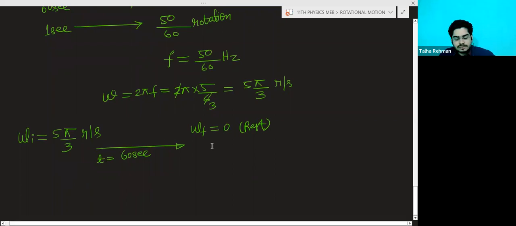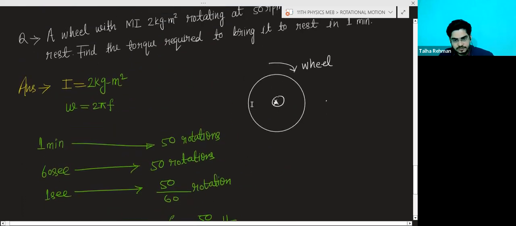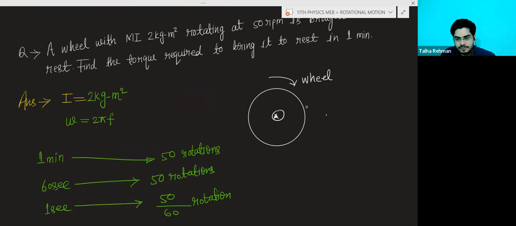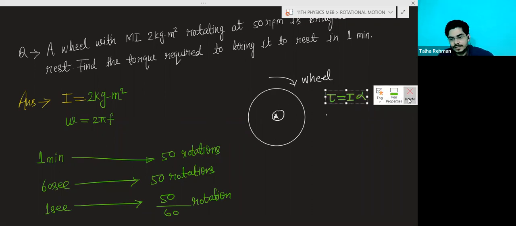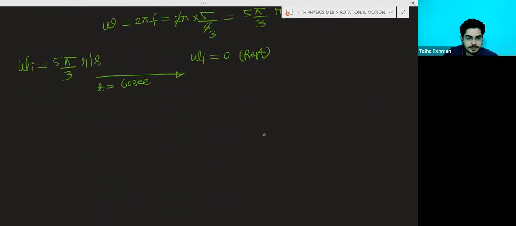Now how will we calculate it? First we find the angular acceleration. Torque is equal to I into alpha, and we can apply the equation of motion here, v is equal to u plus at.